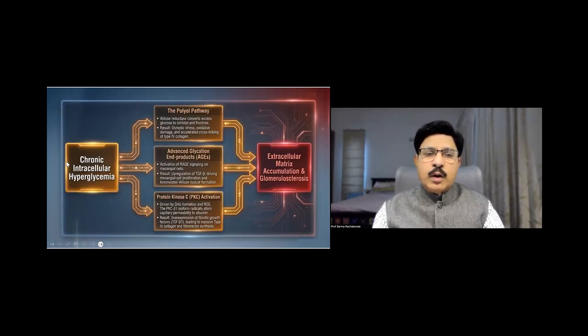Now, what are the chronic intracellular hyperglycemic pathways? We divided into three. First one is glomerular injury, as we have seen, intraglomerular hyperpressure, which is leading to all the three changes like basement membrane changes, podocyte effacement and the protein leak.